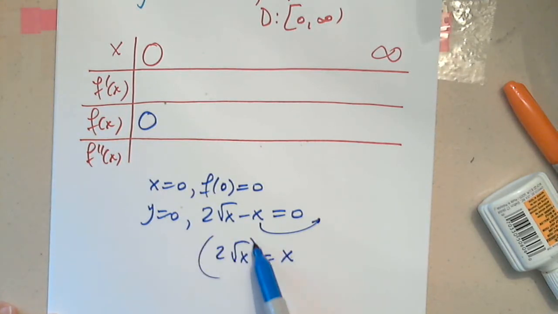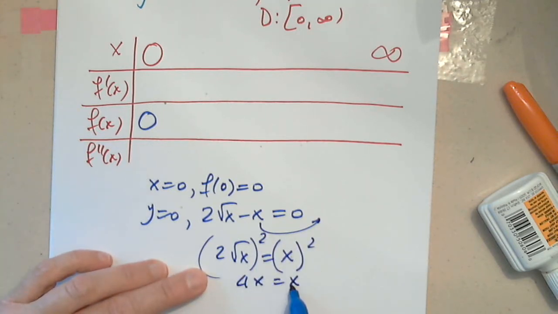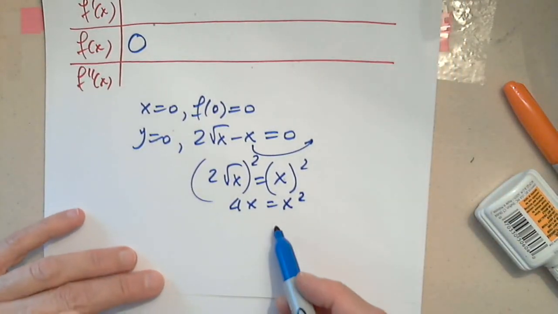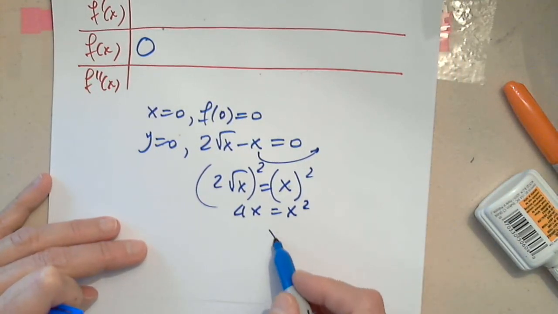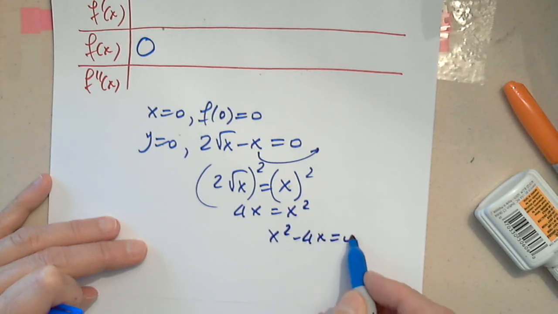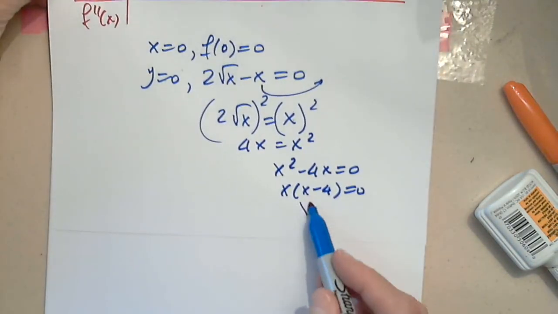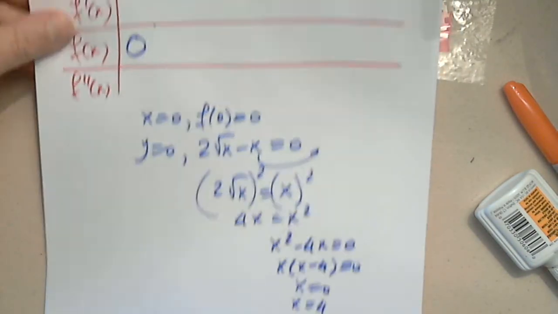And I will square both sides, and I will get 4x equals x squared. And I see clearly that this equation has x equals 4 as well. So x squared minus 4x equals 0, x times x minus 4. So obviously, I already discovered the x equals 0 from before, but it's also x equals 4.